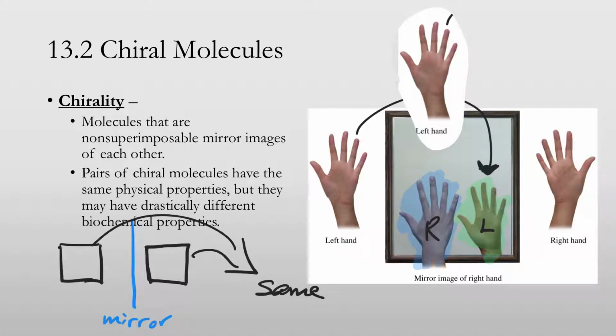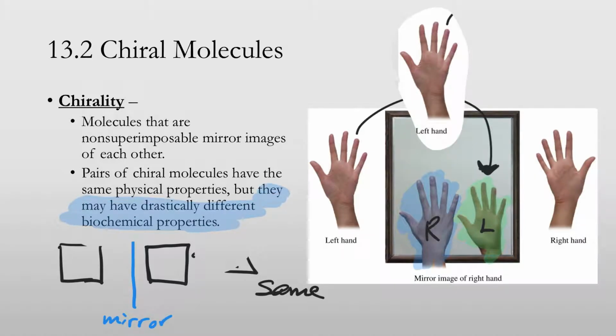All right. Pairs of chiral molecules have the same physical properties because they have the same chemical formula, they have the same connectivity of their atoms, but they can have drastically different biochemical properties, and that is because of the way that your enzymes work in your body.